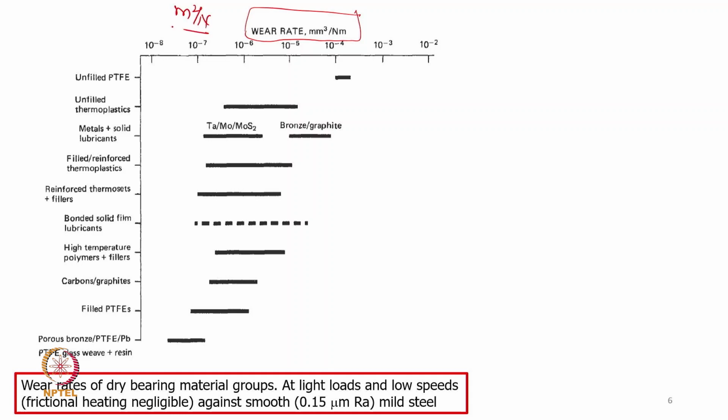So it is the same, only the unit may change. When we are talking about mm cube per Newton meter, that indicates 10 to the minus 6. While if we use this unit, naturally 10 to the minus 6 and minus 9 will come, so it will turn out to be 10 to the minus 15. This is what we really require to keep in mind.